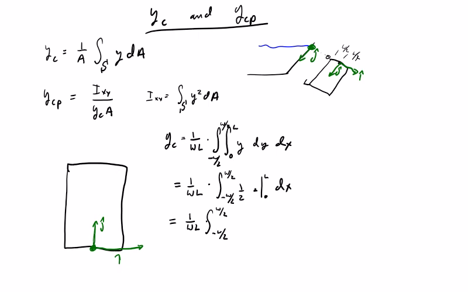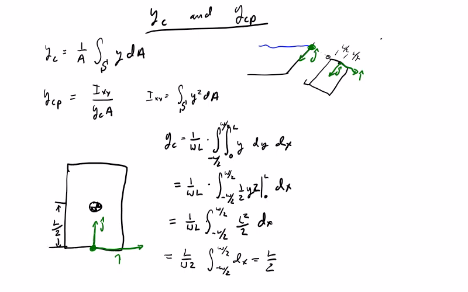It's 1/2 y squared, so L squared over 2 dx. So far, so good. Now, the L squared over 2 can come out, and so this now equals L over w times the integral from minus w over 2 to w over 2 of dx. And that just is going to equal w, so this is L over 2. Now, hopefully you already knew that the centroid of this shape is located at L over 2.